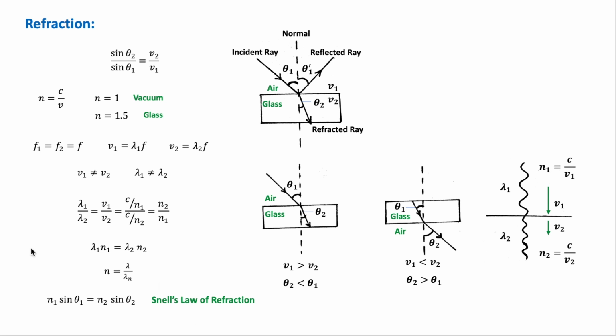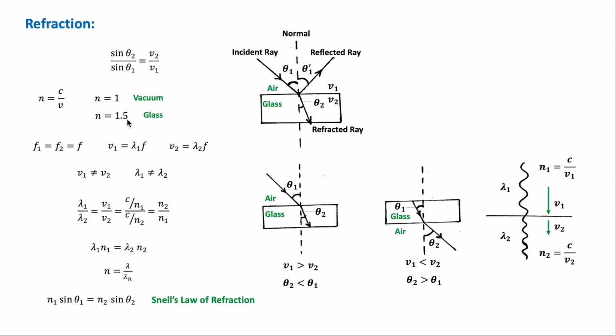The index of refraction n of a medium is defined as c over v, where v is the speed of light in the medium and c is the speed of light in vacuum. The index of refraction is a dimensionless quantity because it's the ratio between two speeds. So n is greater than or equal to unity because v is less than or equal to c. For vacuum, n is equal to 1, and for glass, n is approximately 1.5.